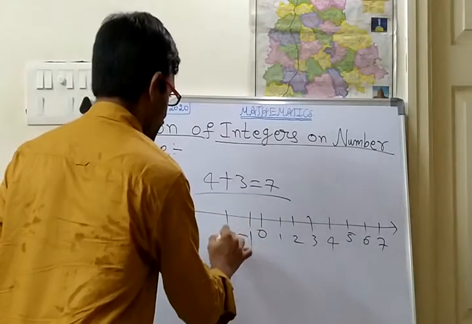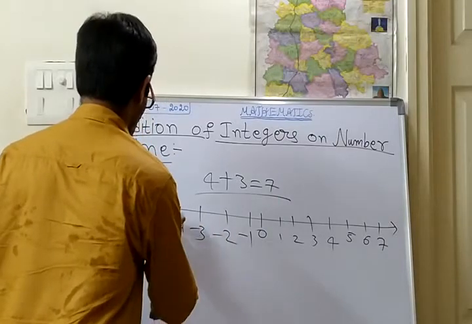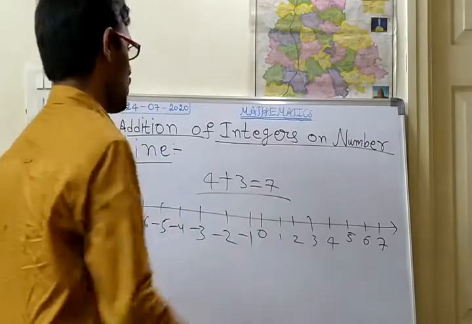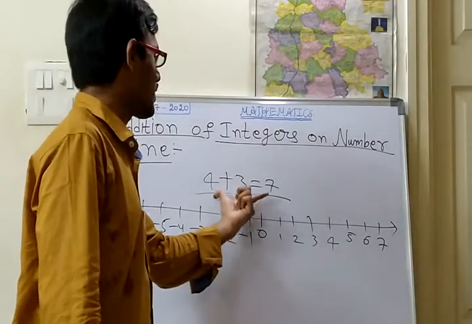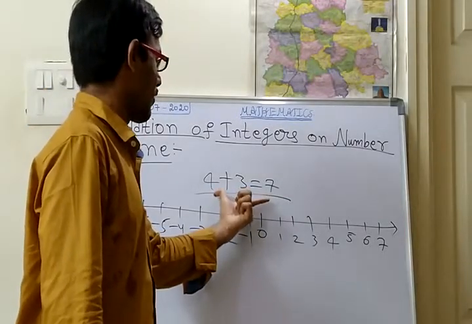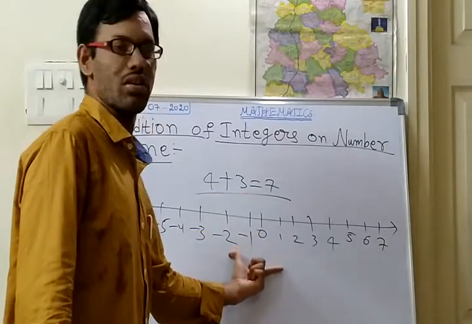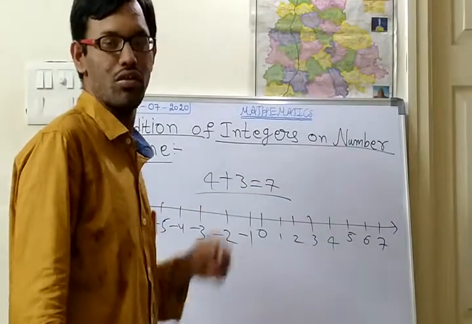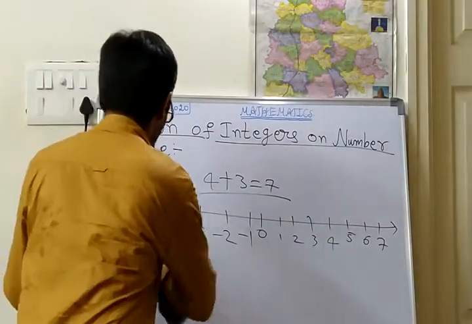Negative numbers, right? Like this, negative numbers will be there. So on this number line, how will this problem be done? That is only our today's target. We shall see that now.